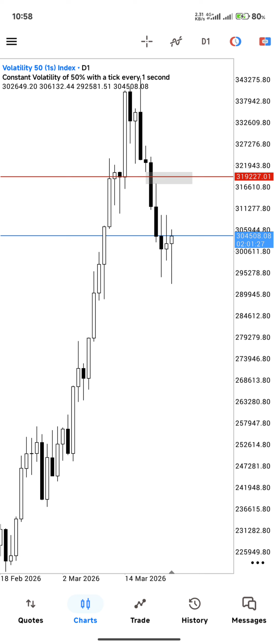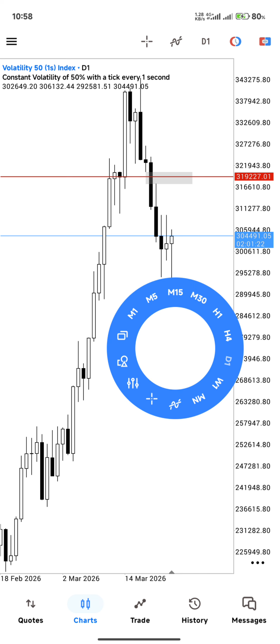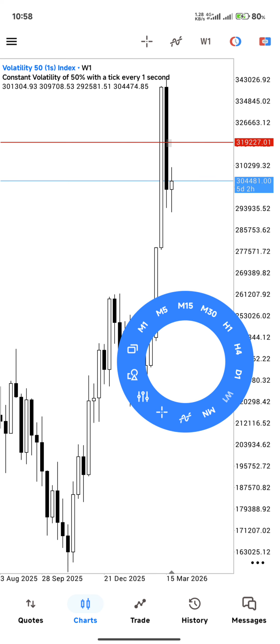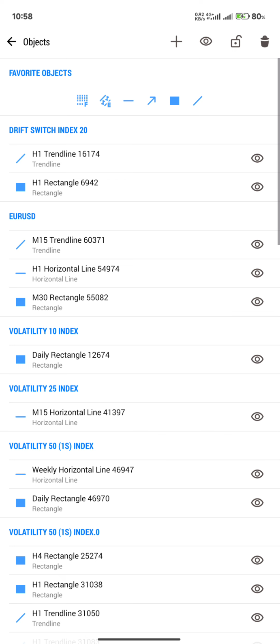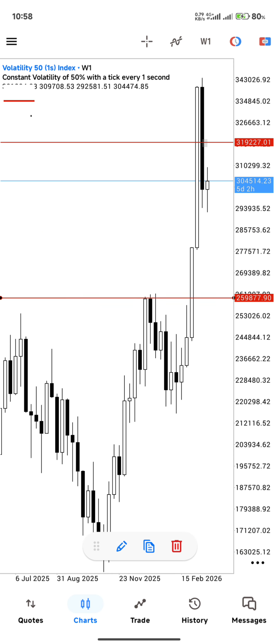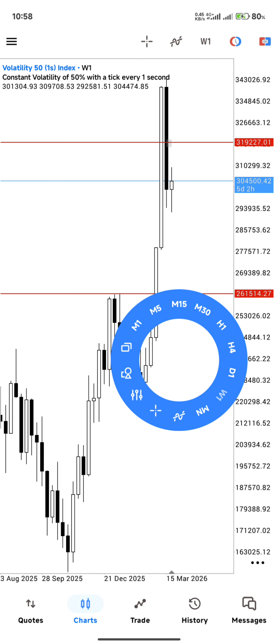We expect price to retrace back to that area and then sell off from there. We want to sell down to all these previous areas. This is the weekly high that was broken before, so price could retrace and get that.